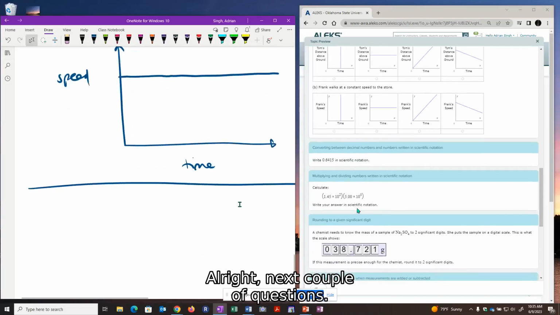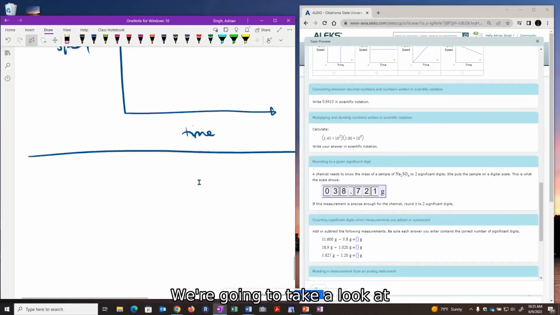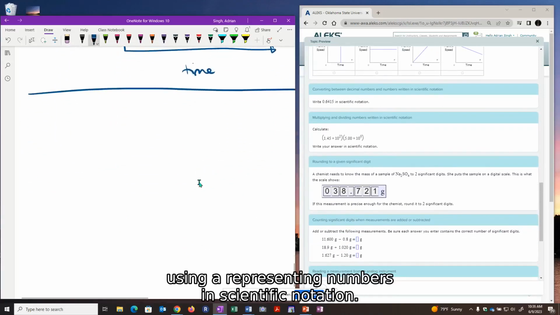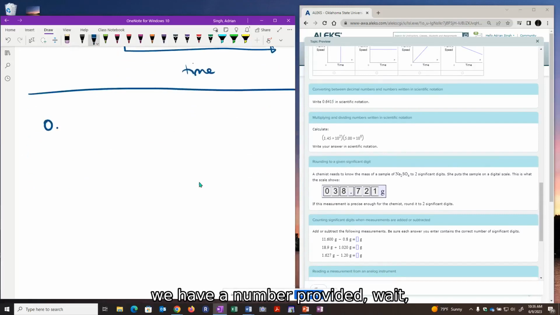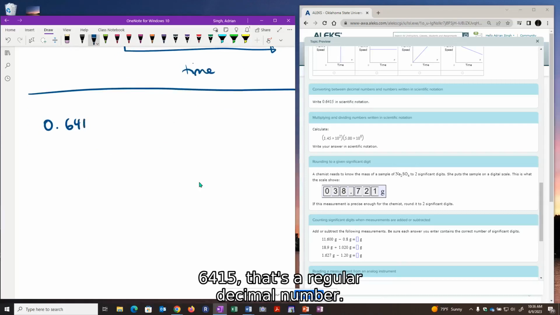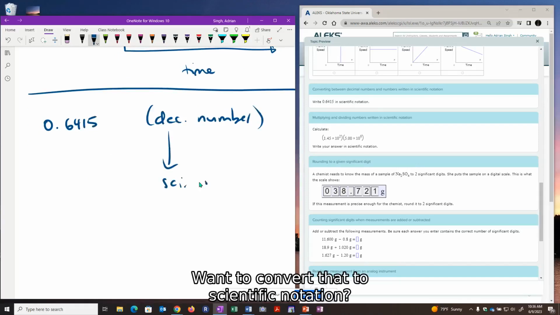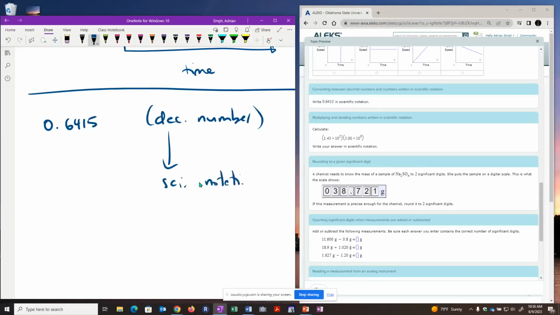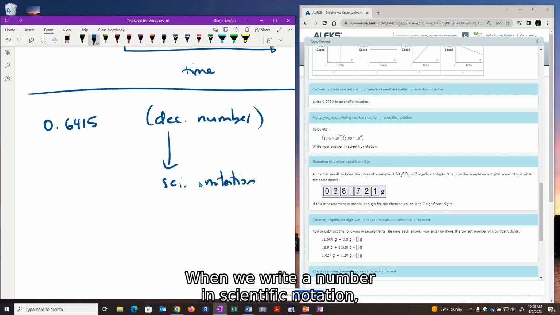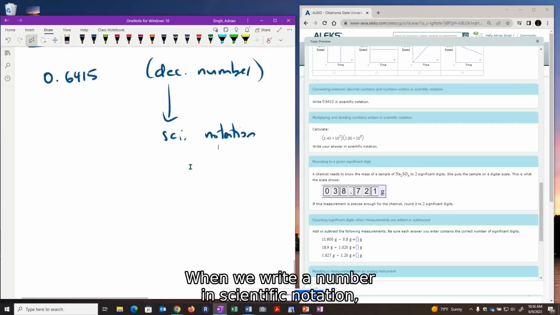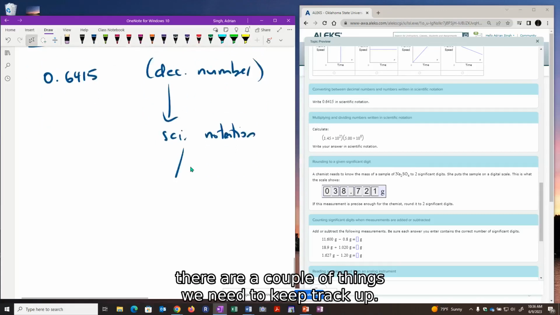All right, next couple of questions. We're going to take a look at using and representing numbers in scientific notation. So the first one here, we have a number provided, 0.6415. That's a regular decimal number, decimal notation. We want to convert that to scientific notation. And when we write a number in scientific notation, there are a couple of things we need to keep track of.